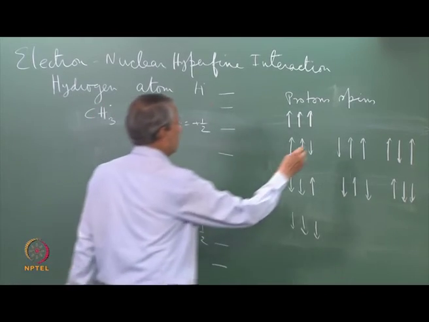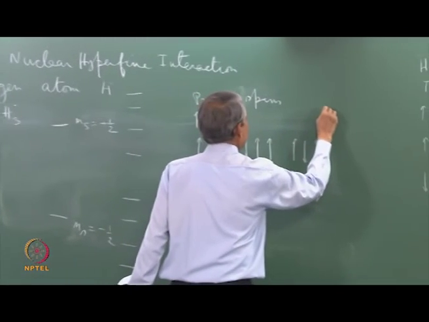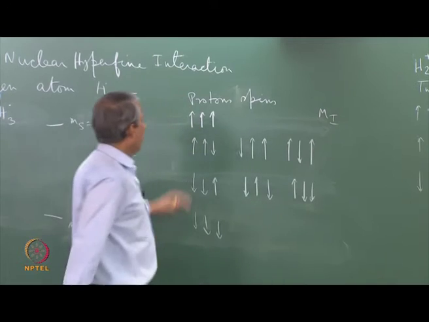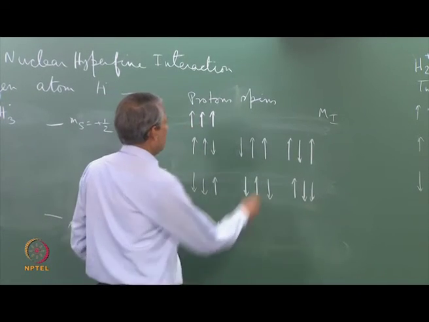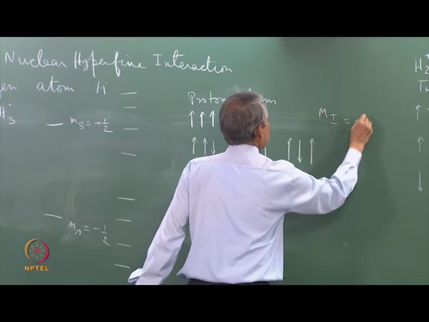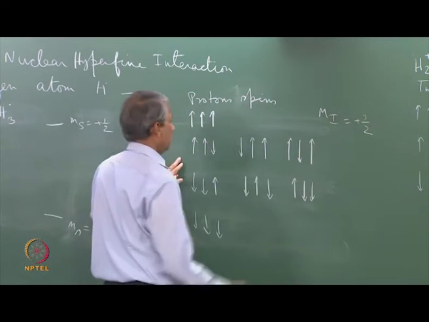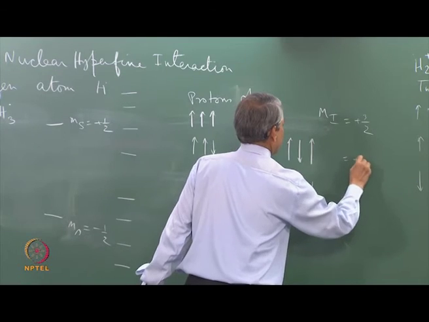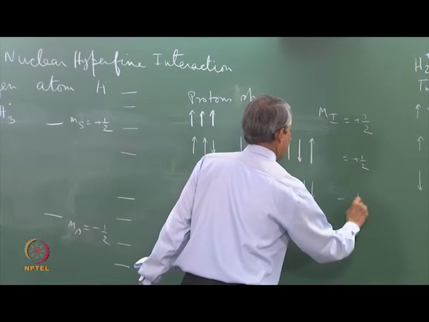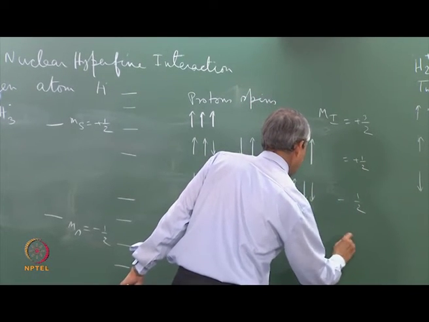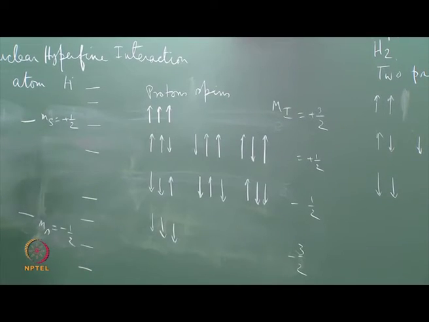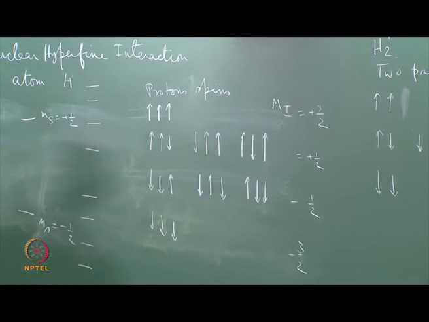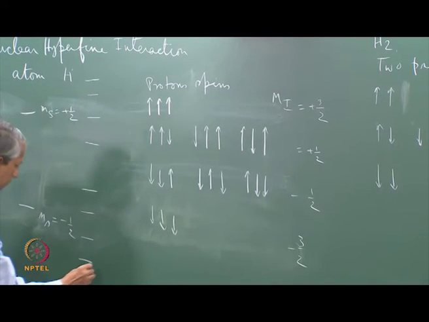So, if we write the corresponding total nuclear spin MI, this becomes plus 3/2, this becomes plus half, this becomes minus half, this becomes minus 3/2.